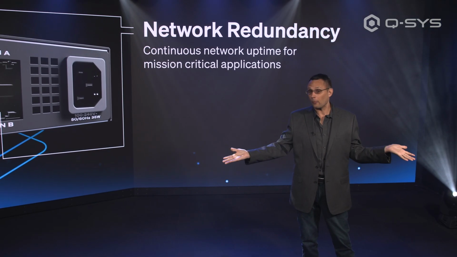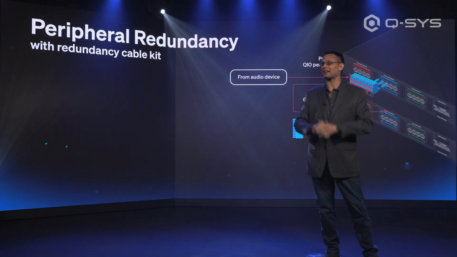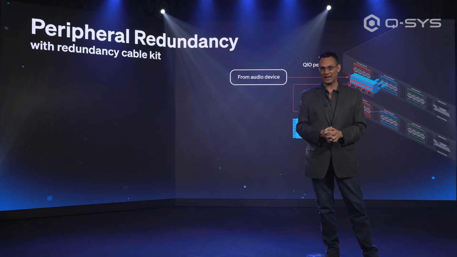Now, I know what you're thinking. If you're like me, that means, great, you get to spend a lot of time in the rack room splicing wires and making sure that every input goes to that one and to that one as well. And you've got to strip those cables and spend so much time with your little screwdriver. Fortunately, we've got a little accessory that will help you out in that regard.